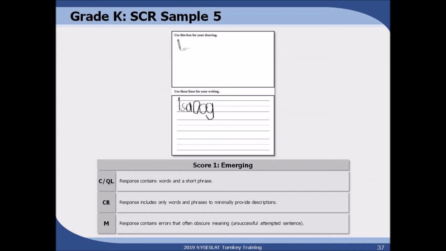A response without a drawing can receive a commanding score in coherence of response because descriptions can be included in either the writing or the drawing. However, the words and phrases in this response only minimally provide descriptions. The description here is dog. The response is at the emerging level for coherence of response. Mechanics is at the emerging level. The brief response contains many errors that often obscure meaning.